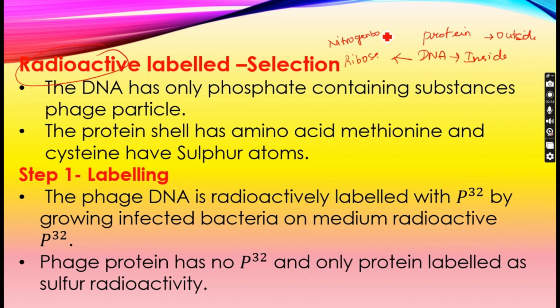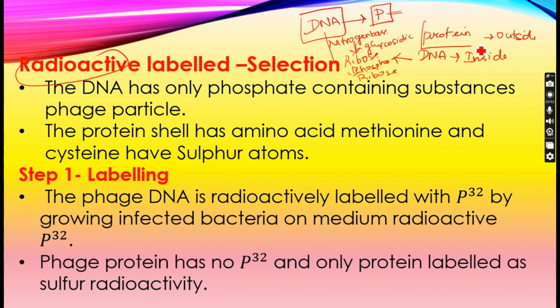These nitrogenous base and ribose sugar are going to be connected by glycosidic linkage, and this ribose sugar is going to be connected with another ribose by phosphodiester linkage. So a DNA consists of phosphate, which provides the phosphodiester linkage. So the phosphate is the only unique thing in DNA.